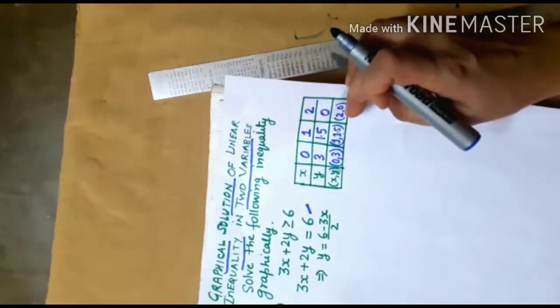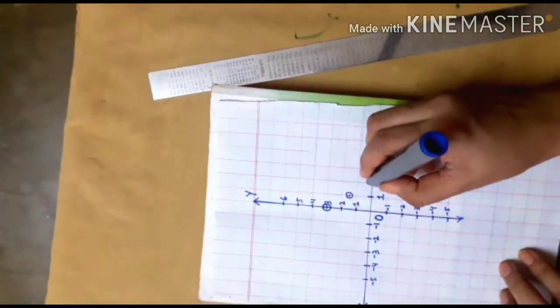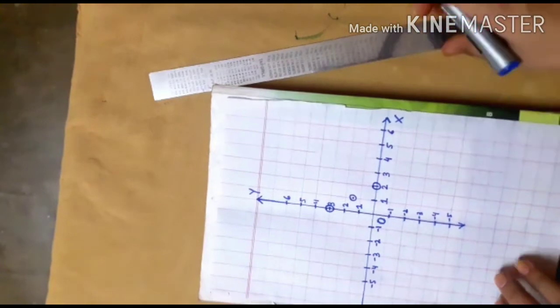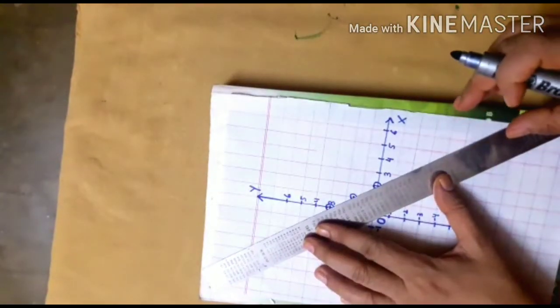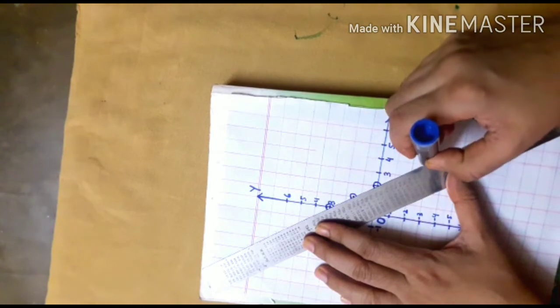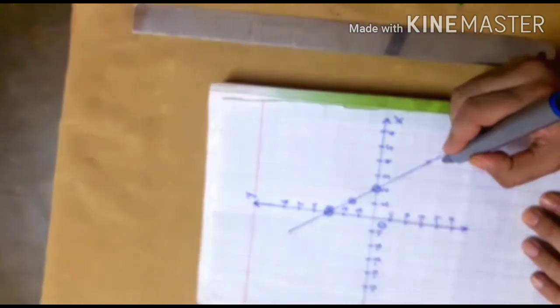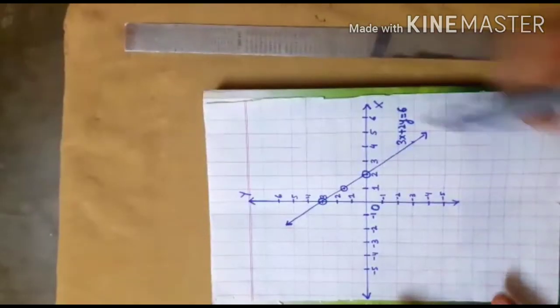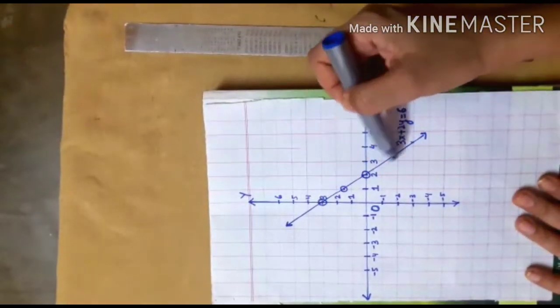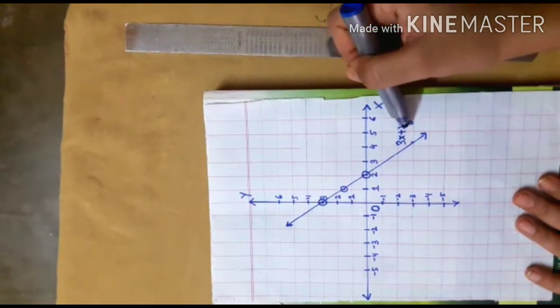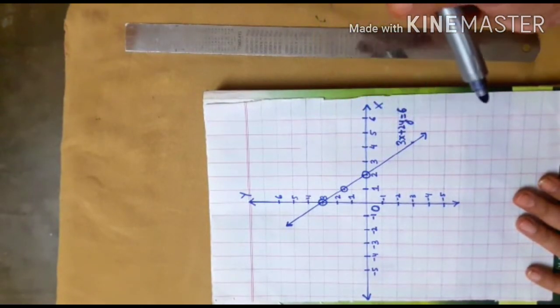The next ordered pair was 2, 0, and here I'll get 2, 0. I'll join these points. I get a straight line, and this straight line represents 3x plus 2y equals 6.